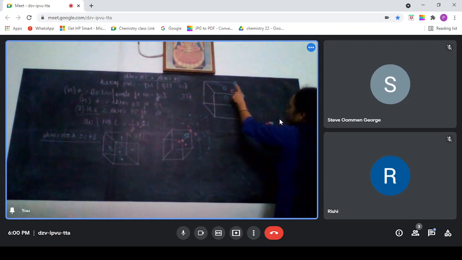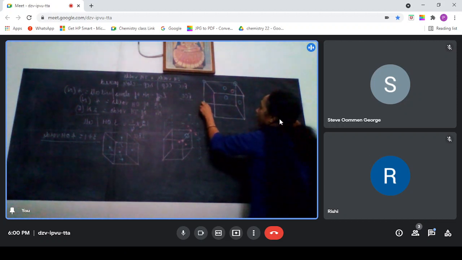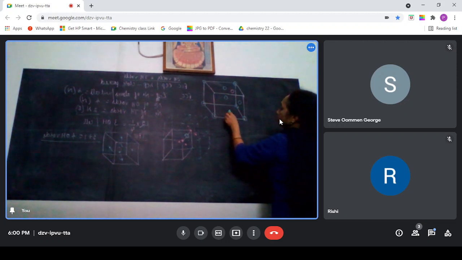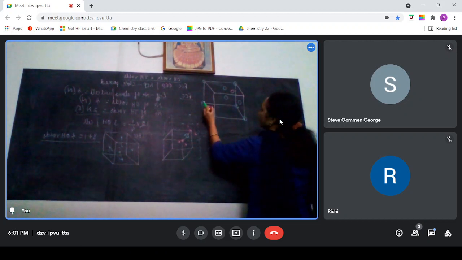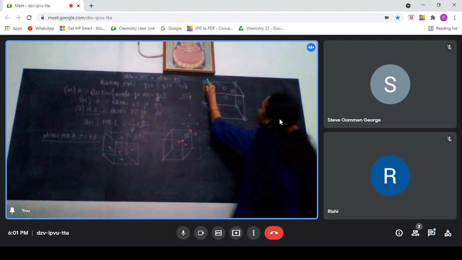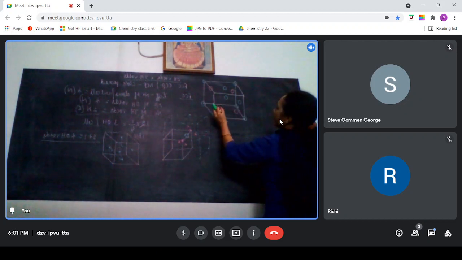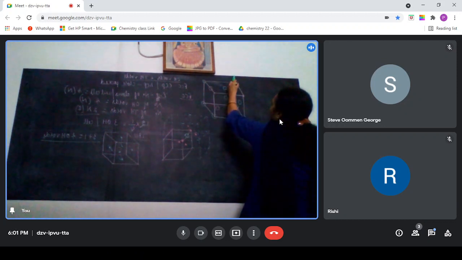Now there are 8 corner particles, and each corner particle will have one tetrahedral void like that. Whatever tetrahedral voids I am writing are along the body diagonal.